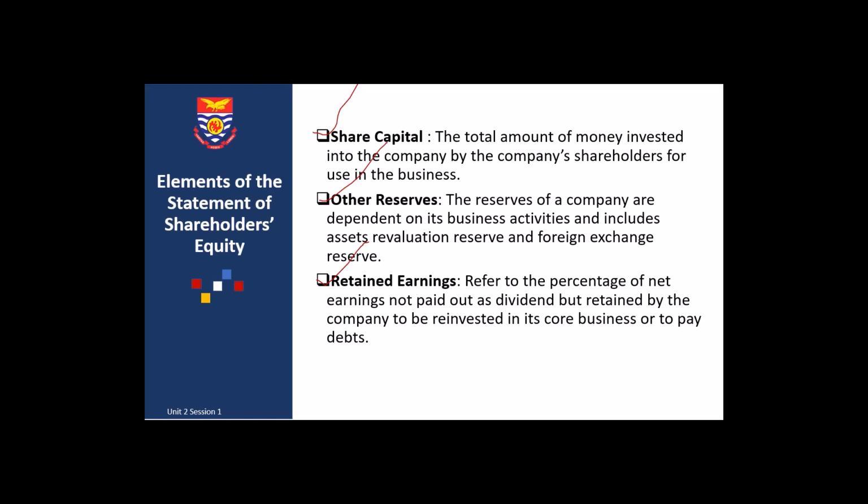So if the firm has been making profits over a number of years and does not pay all those returns to shareholders as dividend, but rather keeps some and reinvests in the firm, then that part of the earnings that is not paid out but is kept in the business is known as retained earnings.